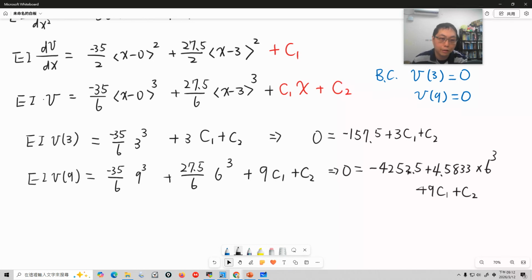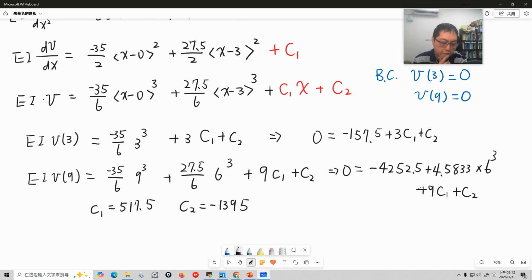Here I won't show any detail of this type of calculation. You should do it. You will have C1 equal to 1517.5 and C2 equal to minus 1395.